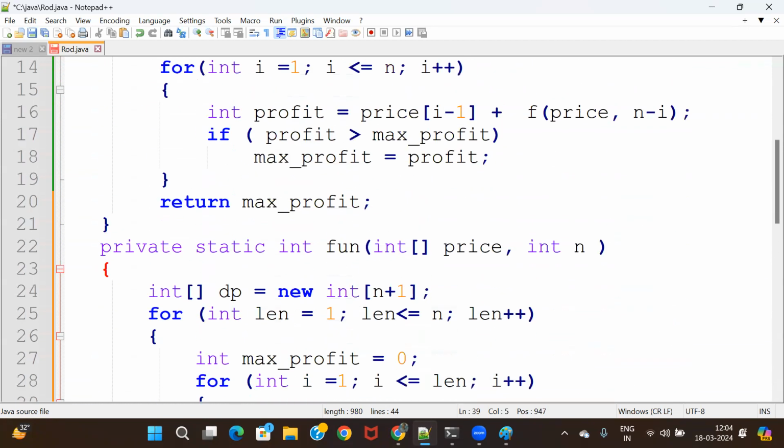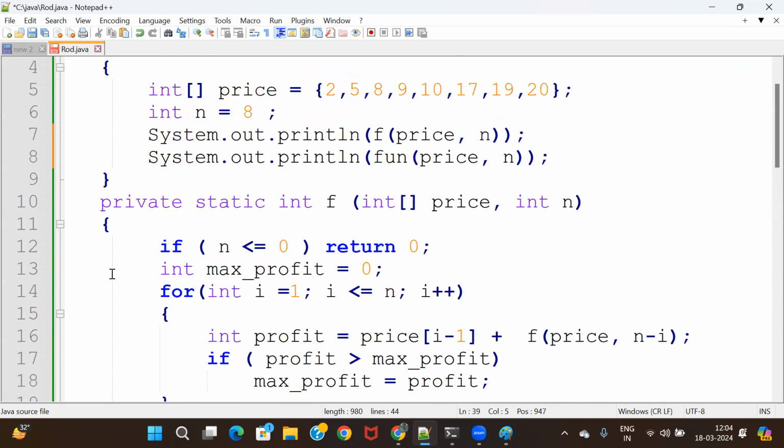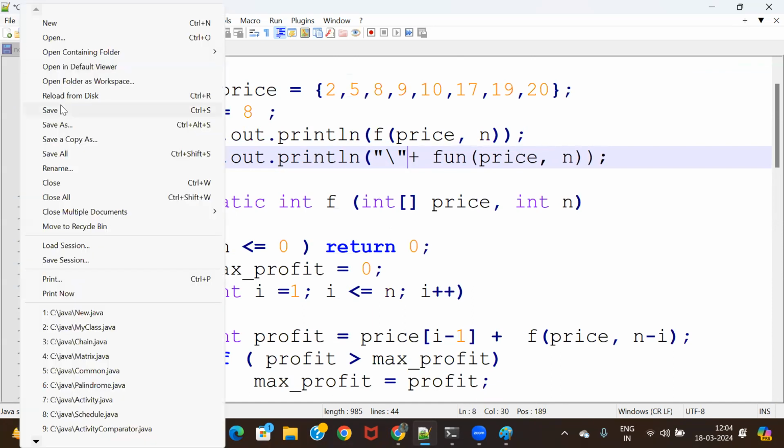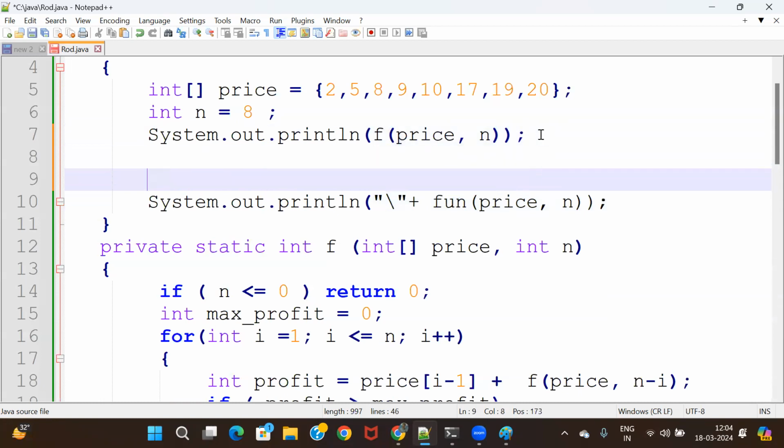Okay. Maybe before printing the final solution, have a new line character, so that both the solutions will not get mixed up. Save it. Do one more thing.